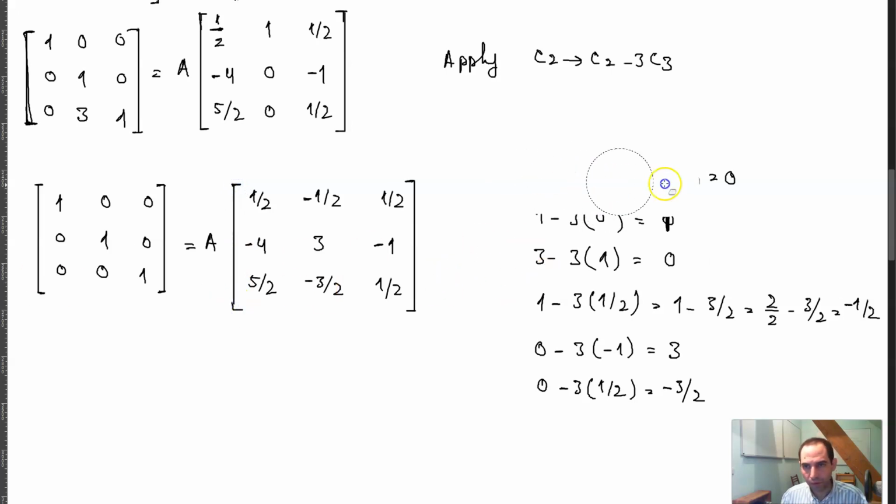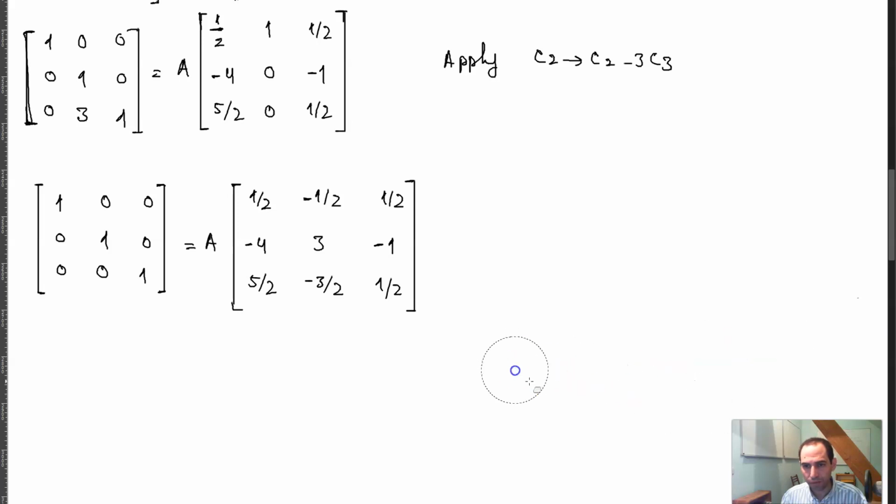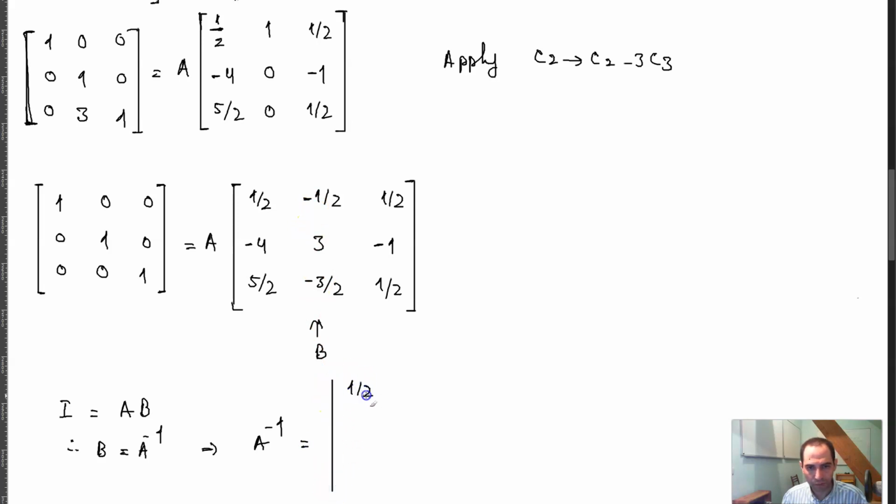And therefore, if I call this matrix B, for example, and this is now I, so I is equal to A times B, which means that basically B is the inverse of A, which means that A inverse is equal to this matrix, which is 1/2, -1/2, 1/2, and -4, 3, -1, 5/2, -3/2, and 1/2.